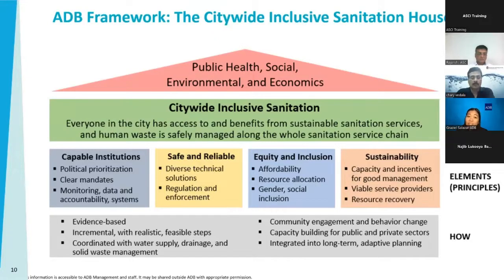CWIS also addresses the entire sanitation service chain and includes all citizens. CWIS coordinates the sanitation sector with solid waste management, drainage, water supply, land use management, and housing. And CWIS builds institutional capacity, accountability, and financing mechanisms for sustaining services. Next slide, please.